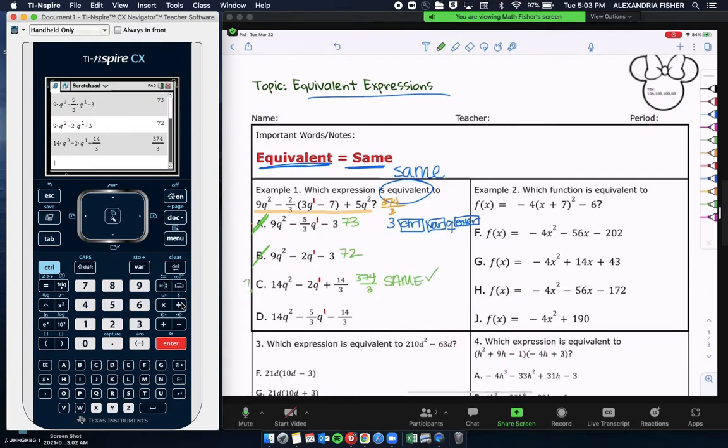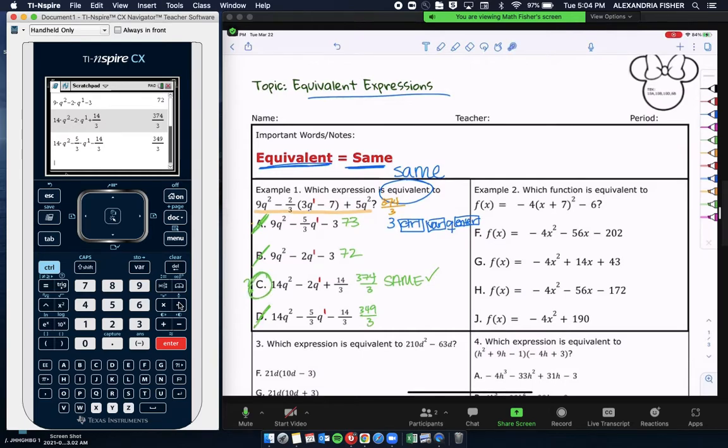So that may be my answer, but I'm going to try D just in case. So let me do D. So 14q squared minus 5 over 3 q1 minus 14 over 3, enter. That gave me 349 over 3, which is not the same. So C is my answer.